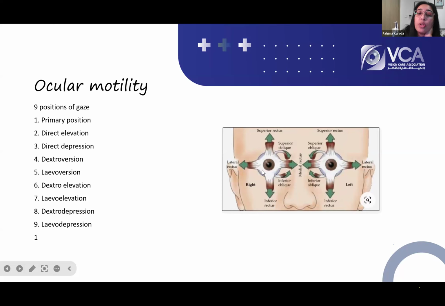When we're looking in right gaze, we're looking at the lateral rectus of this eye and the medial rectus of this eye, and in left gaze, the lateral rectus of this eye and the medial rectus of this eye. When we go up over here, just say we're looking at this superior oblique and this inferior oblique.